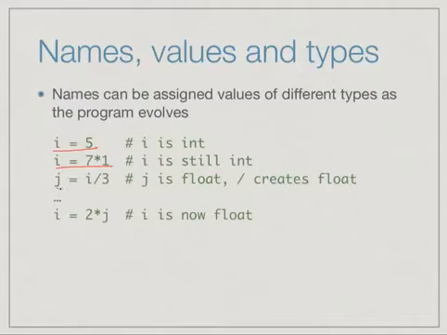Now if we divide the value of I by 3, so at this point, if we had followed this sequence, I is 7, right? So 7 by 3 would be 2.33, and this would be a float. So therefore, because the operation results in a float, at this point j is assigned a value of type float. Now if we continue and at some later stage, we take I and assign it the value 2 times j. Since j was a float, I now becomes a float.